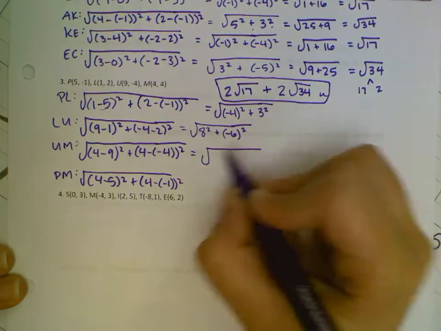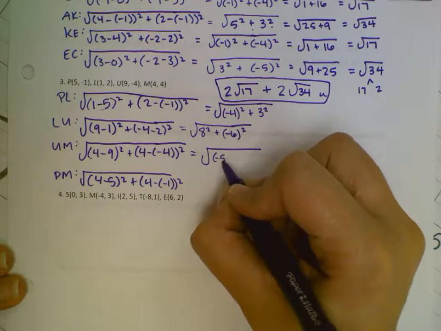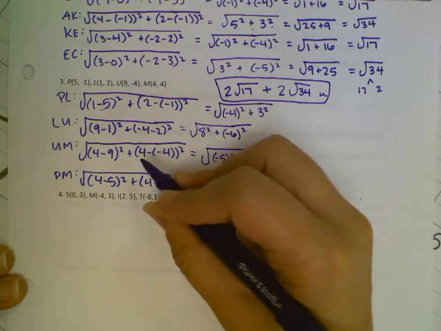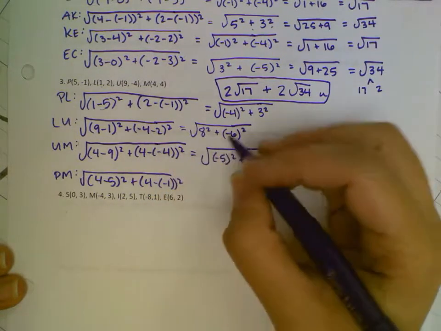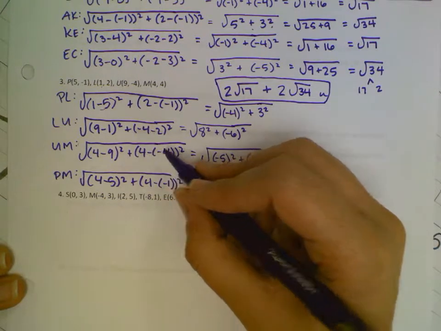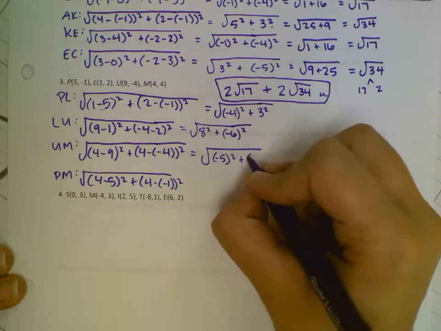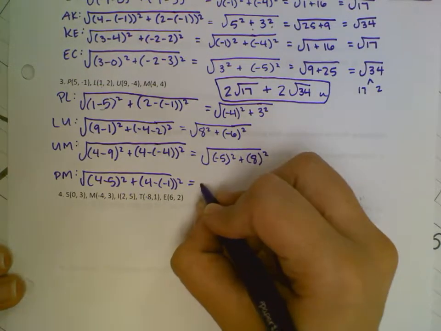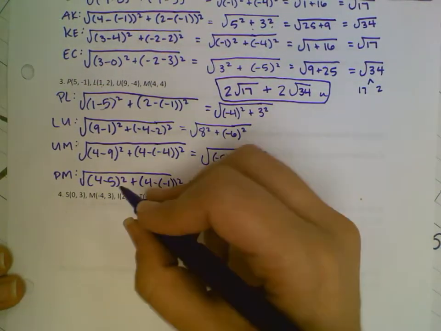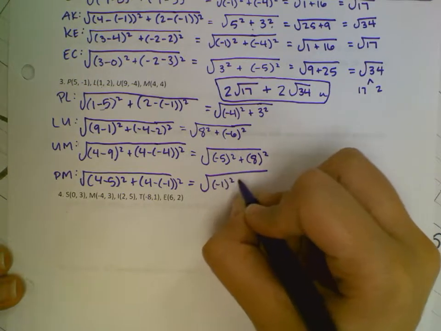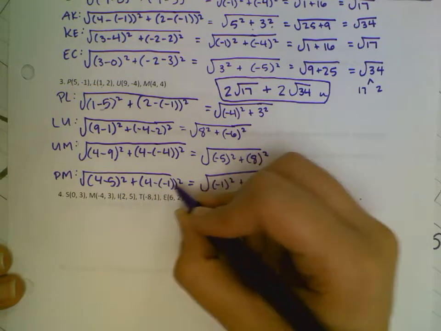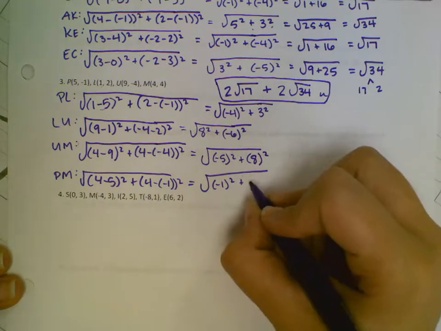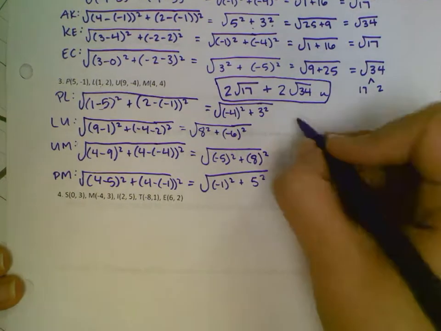Then we will go on to do 4 minus 9 is negative 5 squared, plus 4 minus negative 4. Those minus and negative will give you positive, so that will be 4 plus 4, which is 8 squared. And then 4 minus 5 is negative 1 squared, plus 4 minus negative 1. Again, those become positive to bring you to 5 squared.